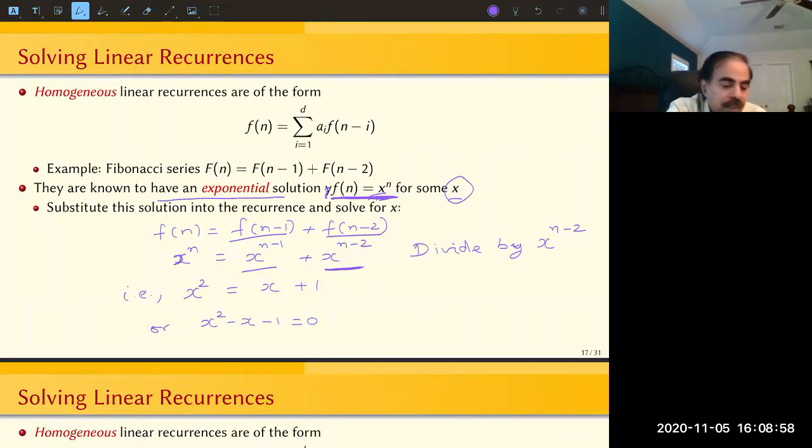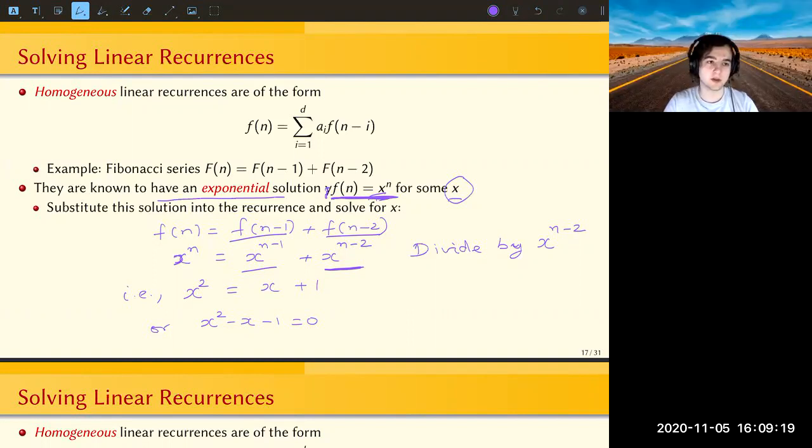So that gives us a quadratic equation. Have you seen this quadratic equation before? This specific one. Can you tell me where you saw it? Greg? We saw it in the closed form solution for the Fibonacci numbers.